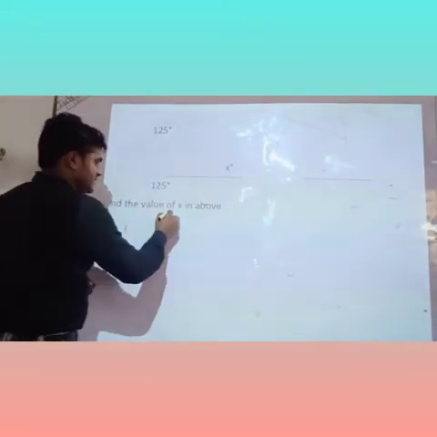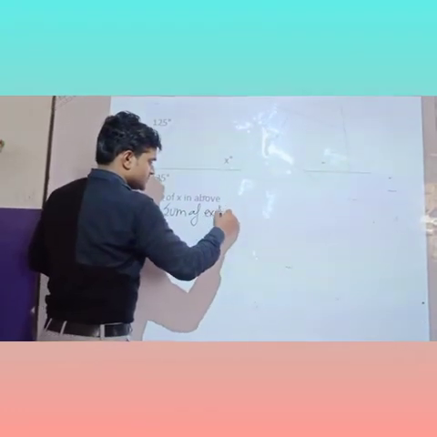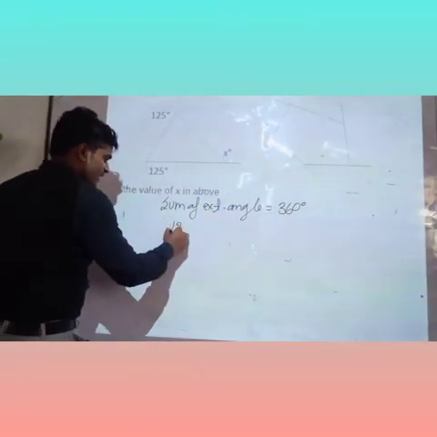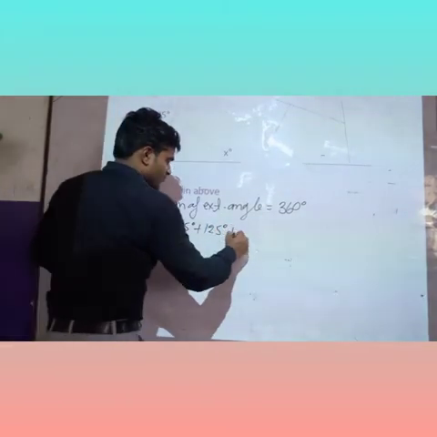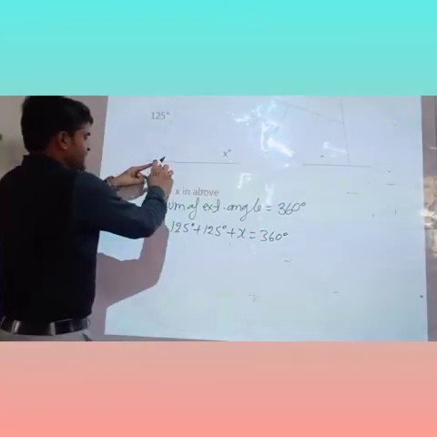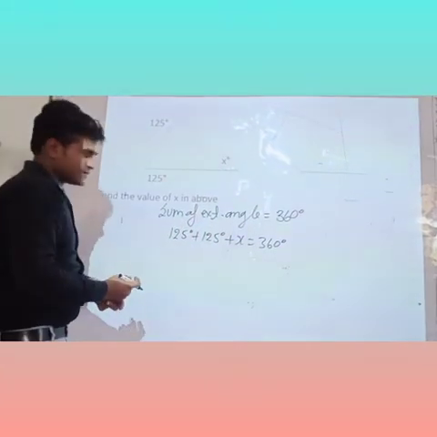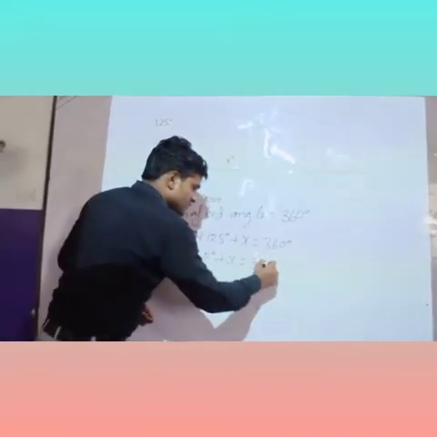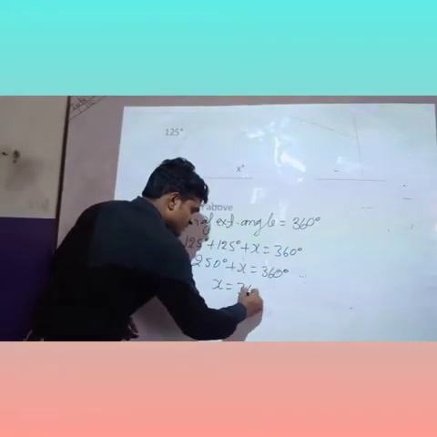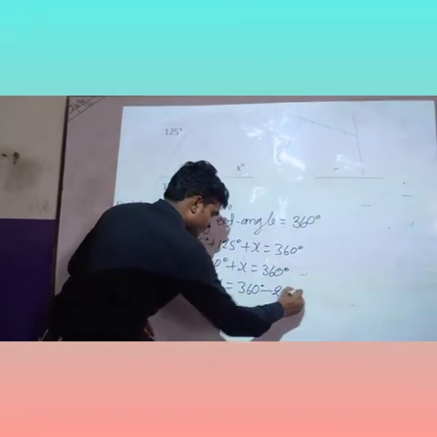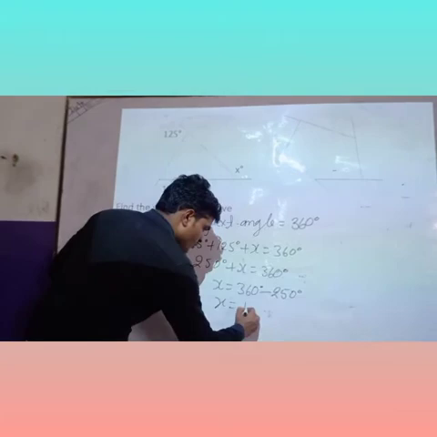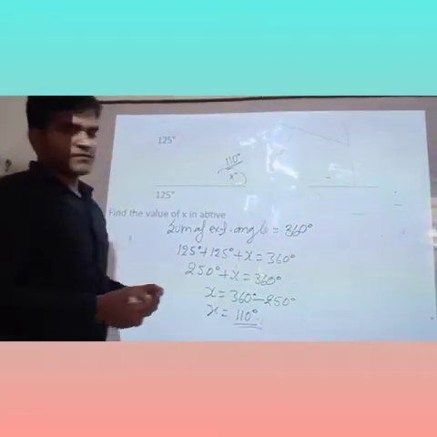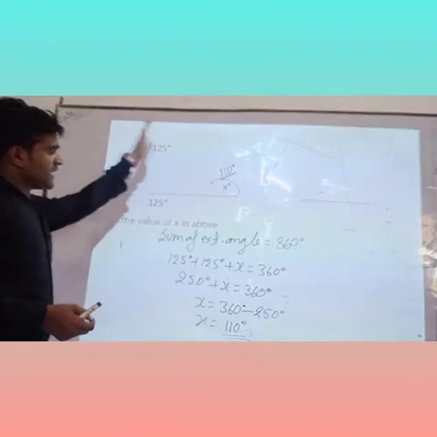As we know, the sum of the exterior angles is equal to 360 degrees. So 125 plus 125 plus x is equal to 360 degrees. 125 and 125 is 250 degrees, plus x is equal to 360 degrees. So x is 360 degrees minus 250, which is 110 degrees. So the value of x is 110 degrees.